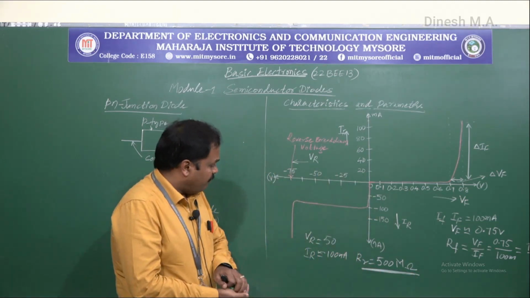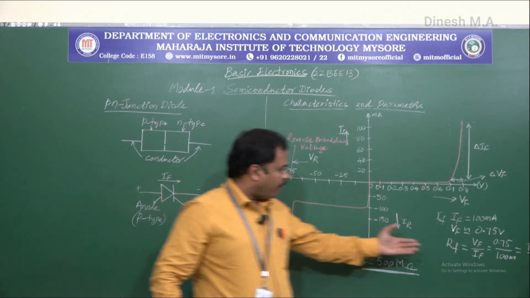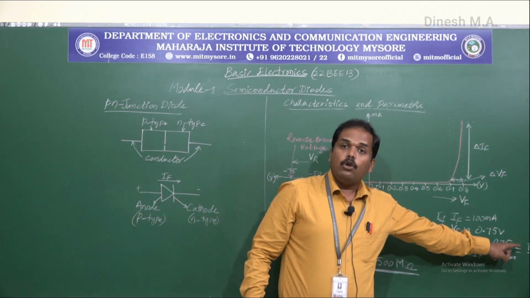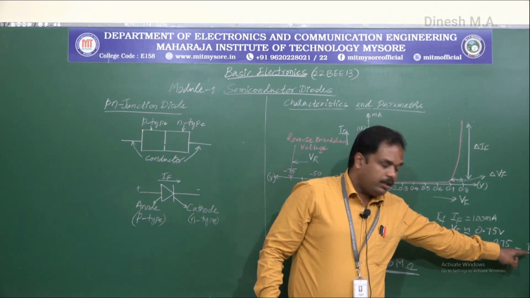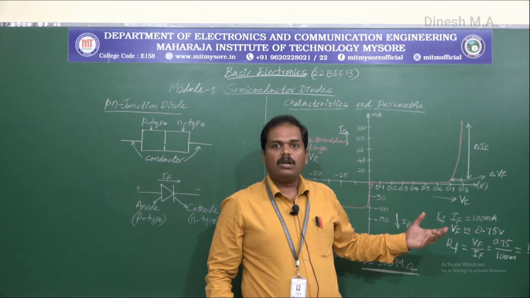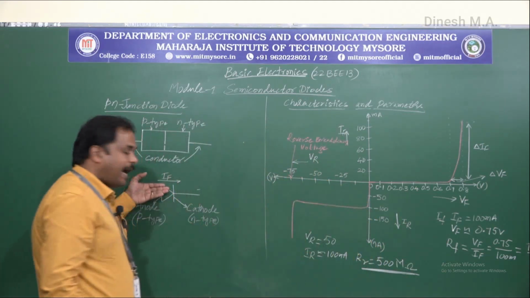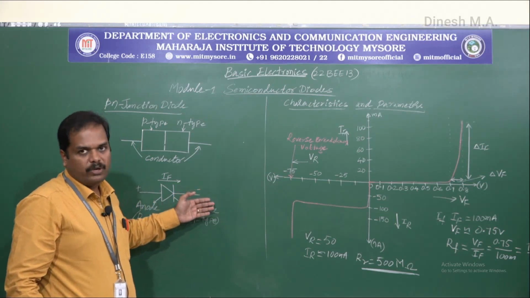megaohms. So with this example, what we can understand is when the diode is forward biased, it is offering a low resistance path. It is offering only 7.5 ohms, so the diode works as what? A closed switch. It allows the forward current IF to pass through it.